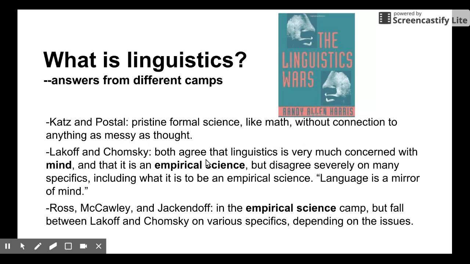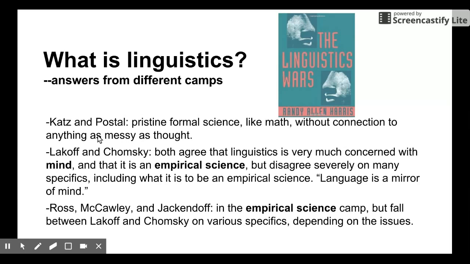Okay, what is linguistics again? There are different answers from different camps. Kaiser and Postal treat linguistics as something like formal mathematics.